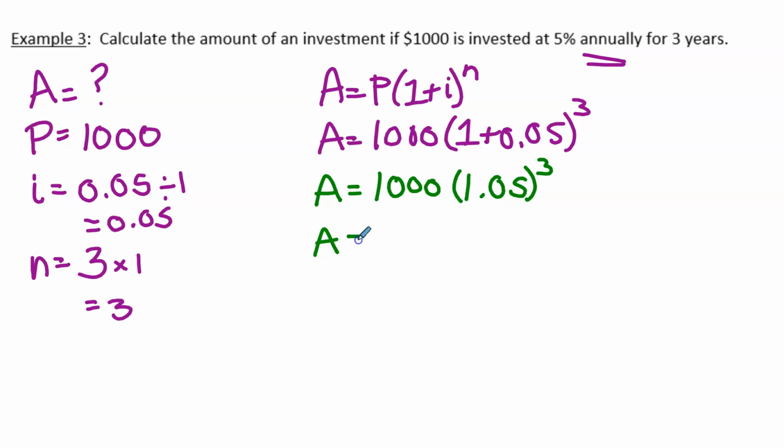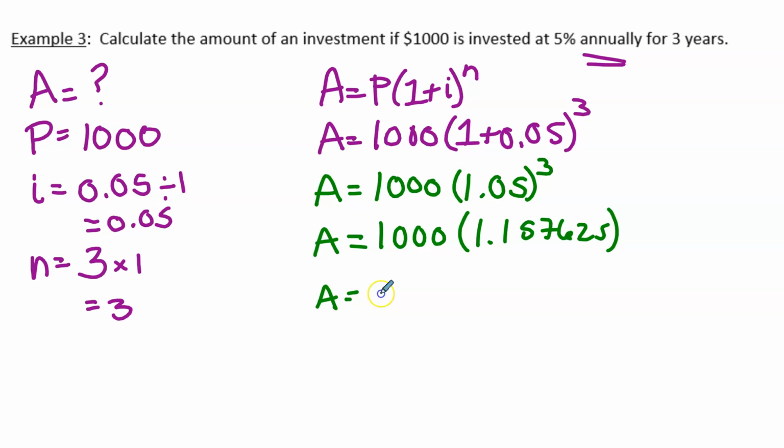Our next step in BEDMAS, if we're thinking back to that, is we do the exponent here. So I've got 1,000. And then we do 1.05 to the power of 3. Okay? Make sure you're typing that into your calculator correctly. 1.157625. Okay, and then our last step is multiplication.